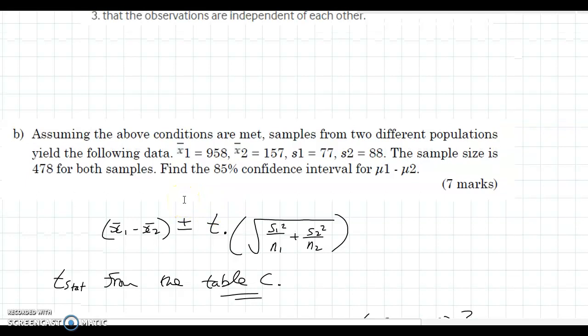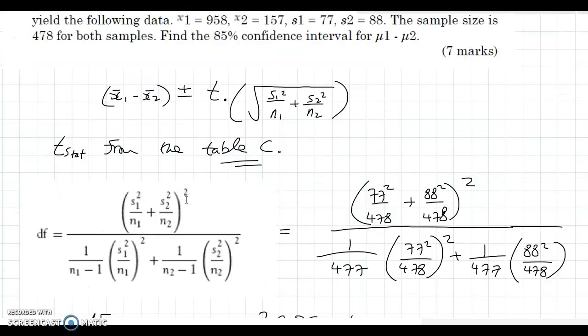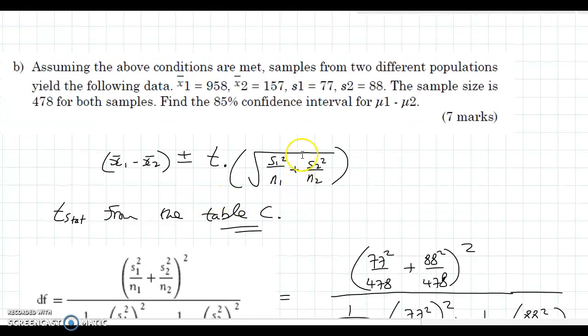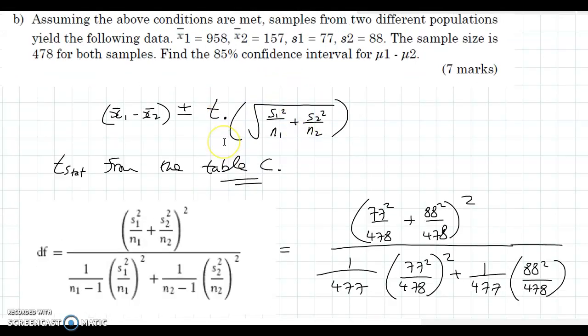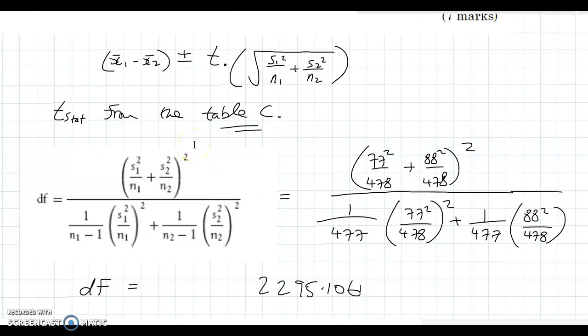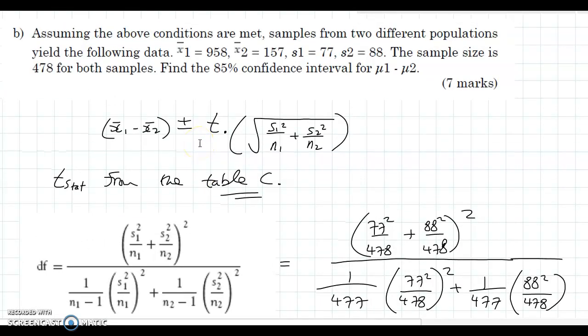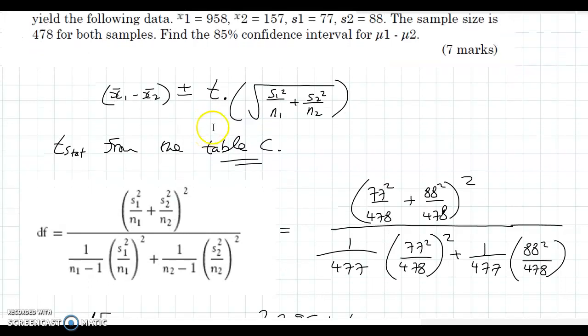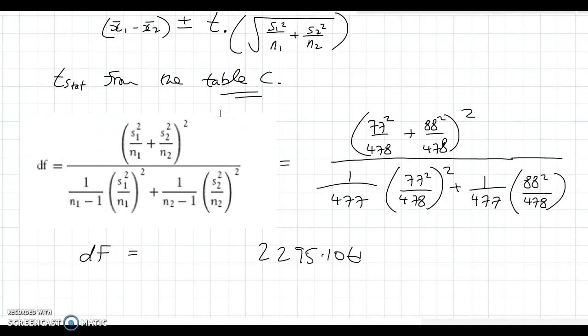The sample size is very large, so maybe we can just use a Z-stat instead of the T-stat. So yeah, I would go maybe with the Z-stat. As you can see, I'm no expert at this stuff.